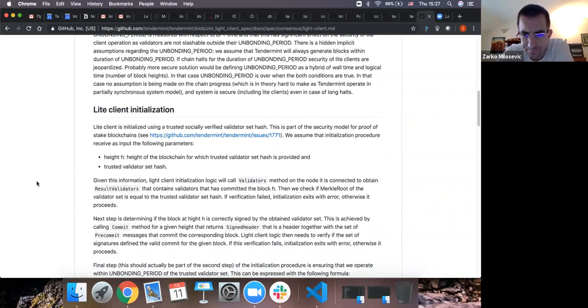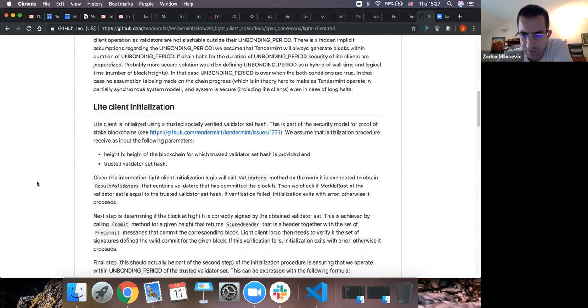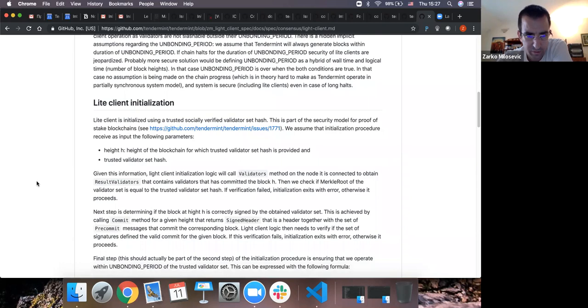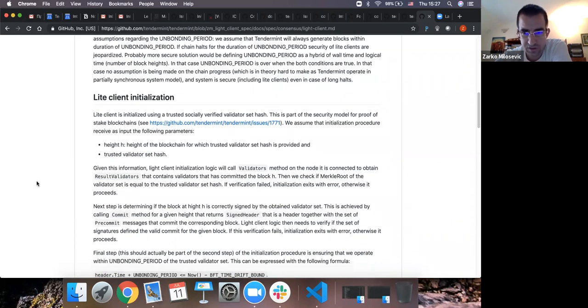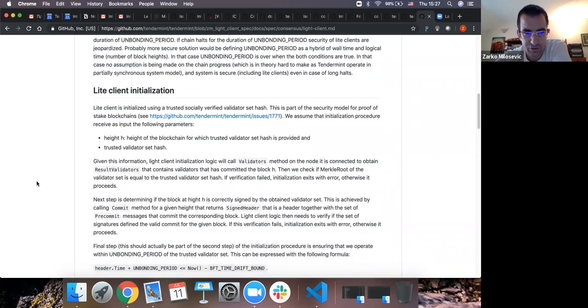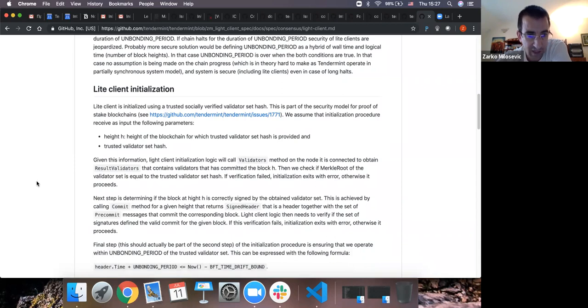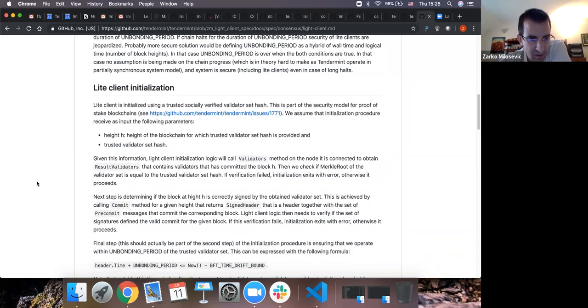And this is what is called, if I'm not wrong, subjective validity, and this is a part of the security model of proof of stake blockchains. So what we assume that the initialization procedure receives as input is some height at which there is a given trusted validator set for which we have a hash, essentially.